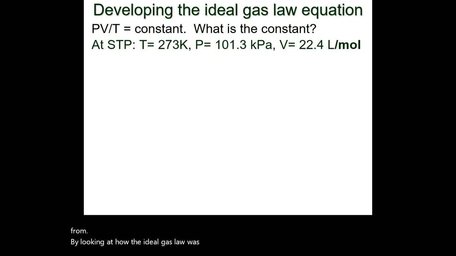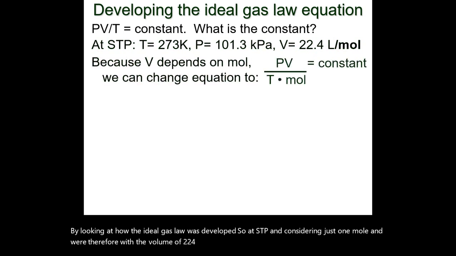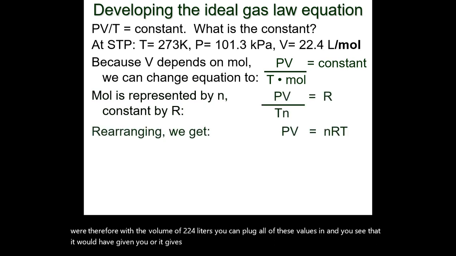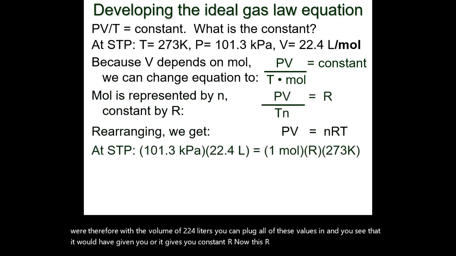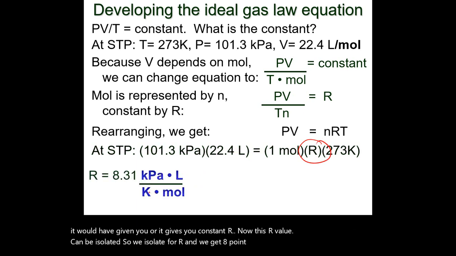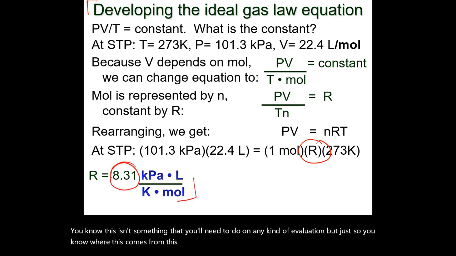So at STP, and considering just 1 mole, and therefore with a volume of 22.4 liters, you can plug all of these values in, and you isolate for R, and we get 8.31 kilopascal liters over Kelvin mole. Okay, now this isn't something that you'll need to do on any kind of evaluation, but just so you know where this comes from, this isn't some made up number, this is how it was developed.